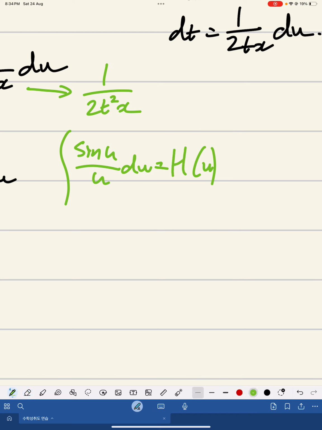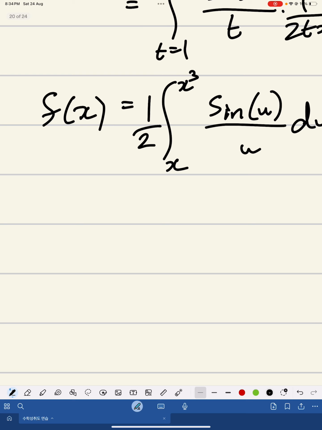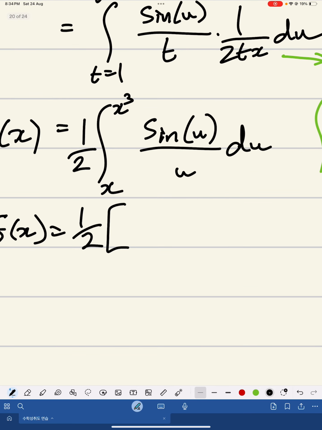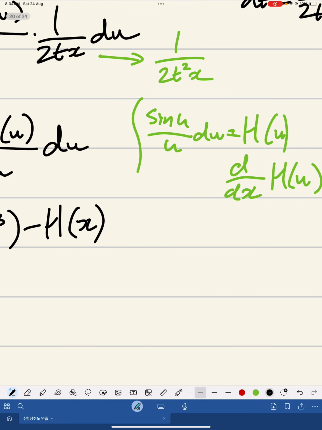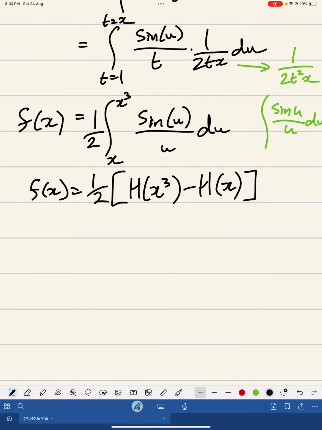And let's say the differentiated version of capital H of u is lowercase h of u. So function f(x) can be written as 1 over 2 of H of x cubed minus H of x by the fundamental theorem of calculus, right? Yep.